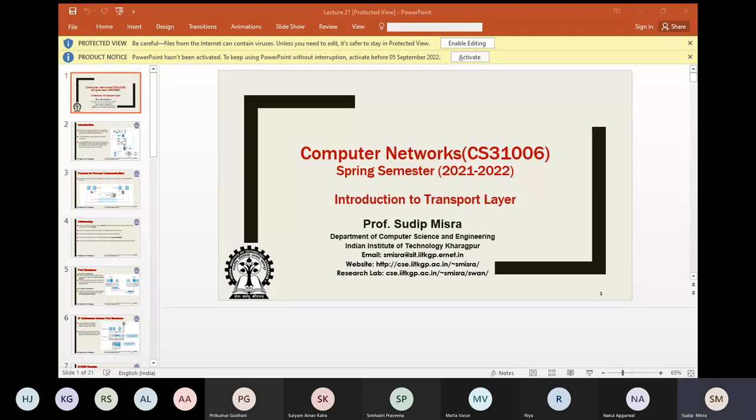Host B is running certain applications which need that packet. Application means certain processes are running, so it has to be fed to the corresponding process to which it belongs. So what are the two ends? The two processes. So end to end communication, or process to process communication. Clear?